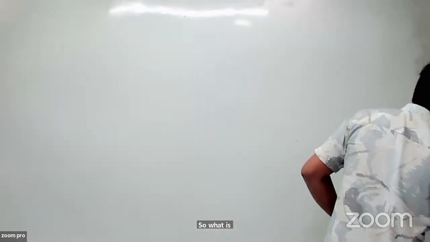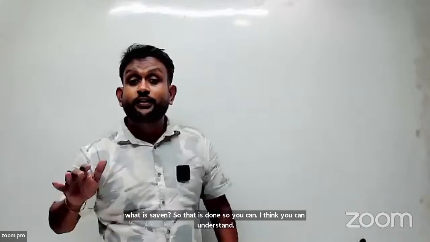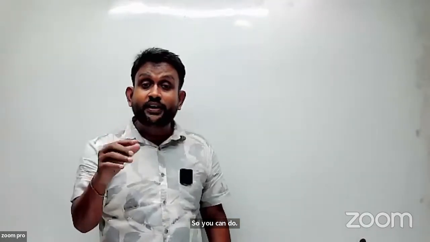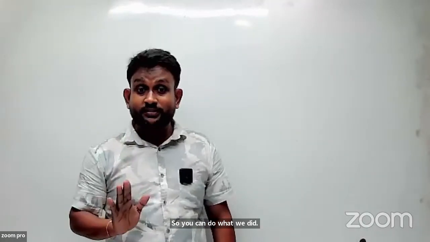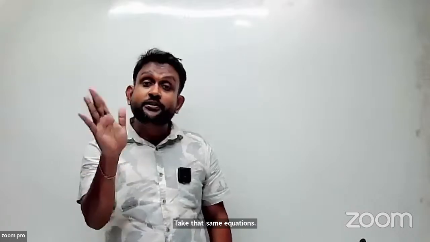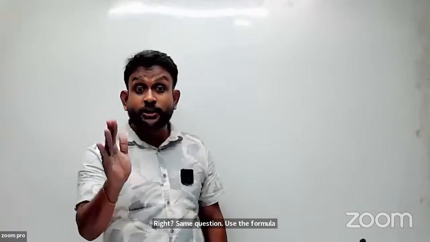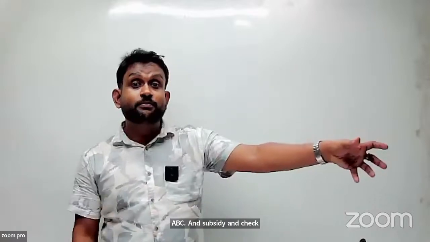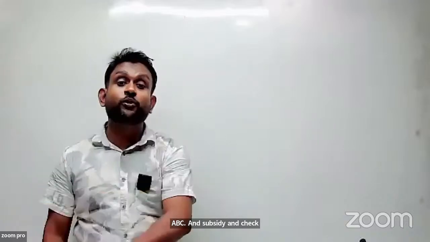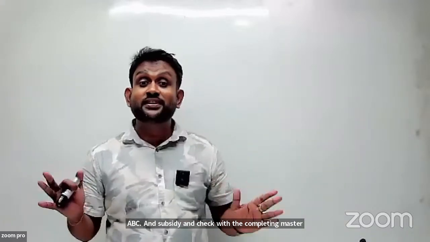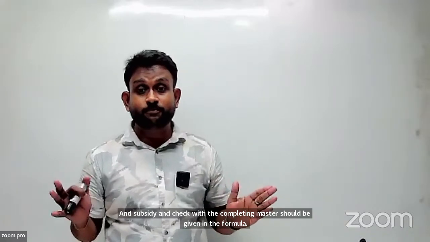You can take the same equations we did by completing the square, use the ABC formula method and substitute, and check whether the formula gives the same answer. Both answers should be the same.